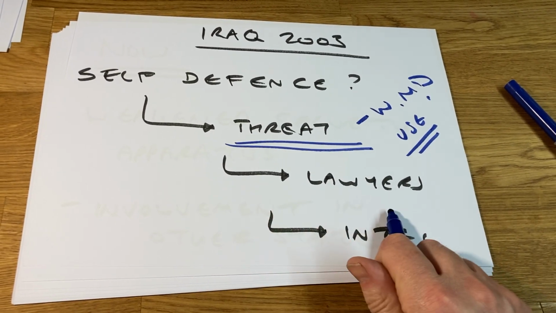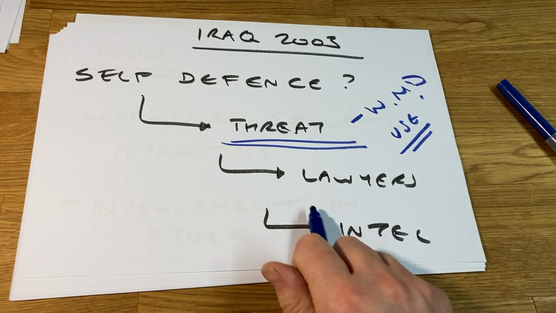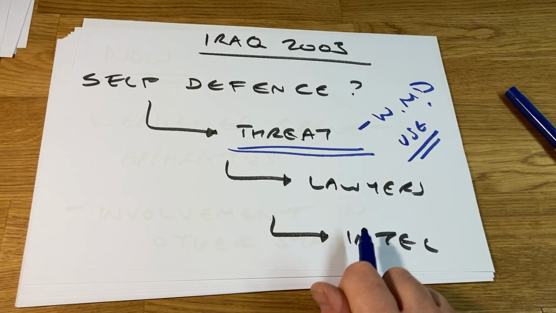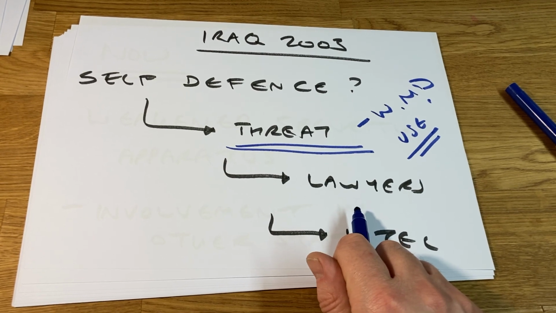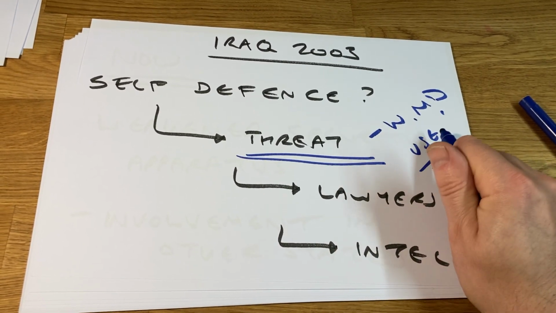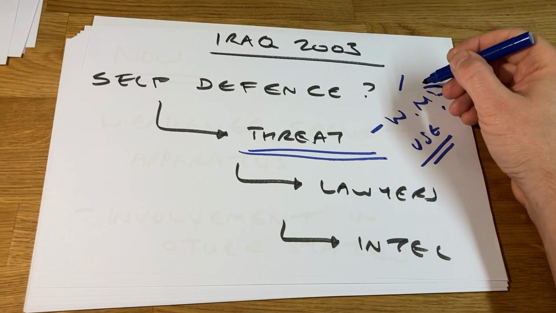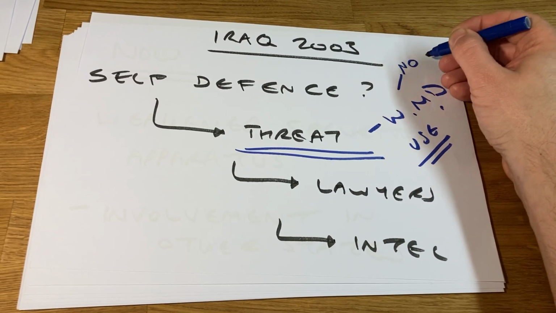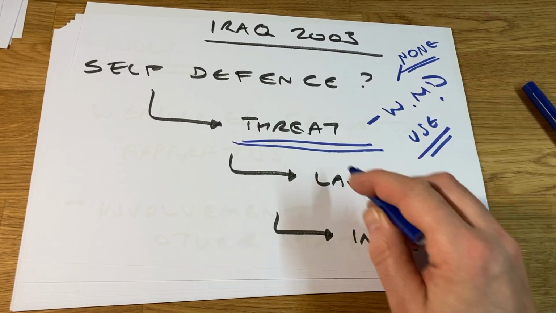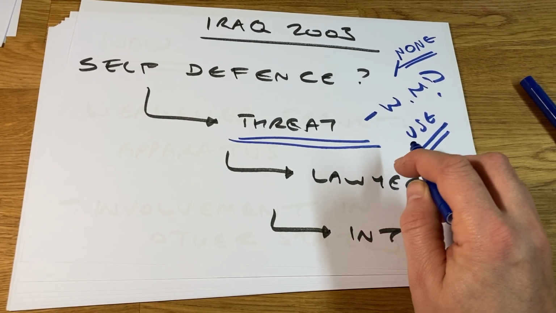Now, this is where lawyers come in, and most of the politicians involved in making those decisions had lawyers and were lawyers. So you would say, well, okay, was the threat of weapons of mass destruction? Well, we know that Saddam didn't have them in 2003. They couldn't find any. But that doesn't necessarily mean that the war was wrong.